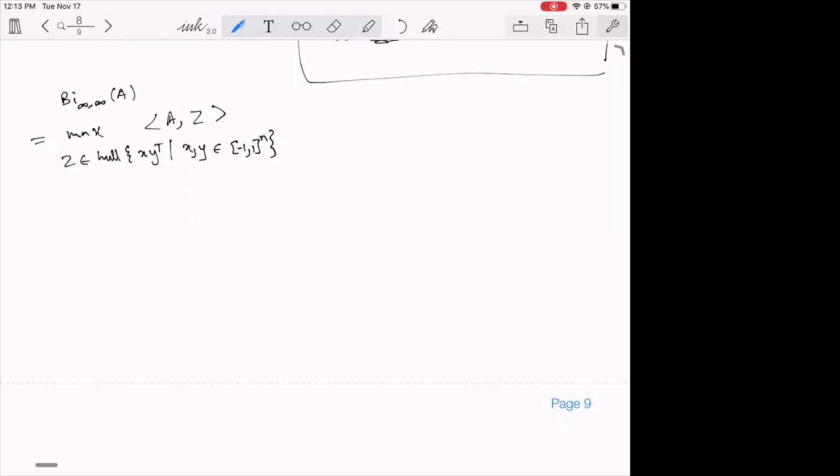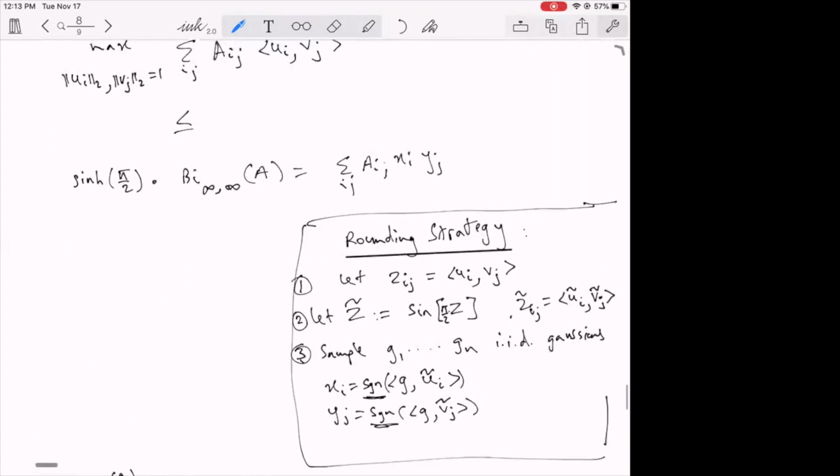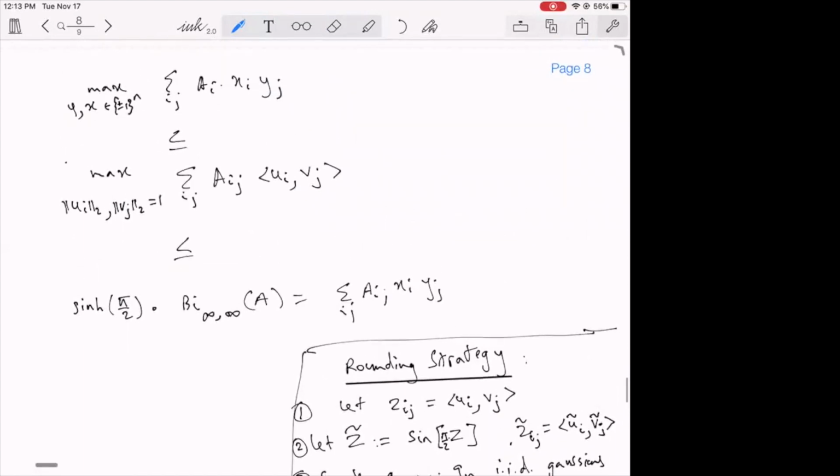Now above, we have this convex relaxation.